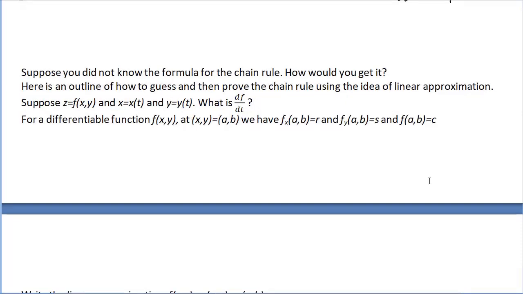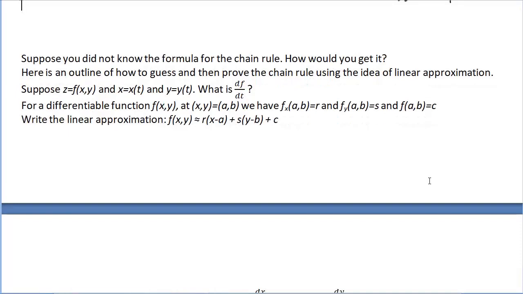So here's what we do. For our differentiable function f, we're going to be at the point (x, y) equals (a, b). Let's say that we know the value of the function at that point, f(a, b) equals c, and we know the partial derivatives at that point. So f sub x at (a, b) equals r, and f sub y at (a, b) equals s.